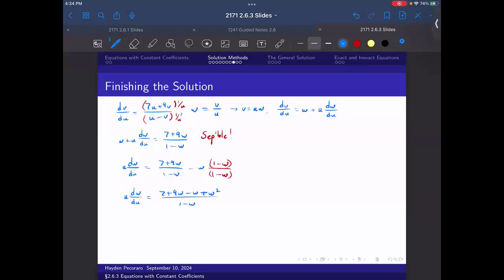Then you rearrange things, write it separately, and we get w squared plus 8w plus 7 on one side, and on the other side we get du over u. This now looks like a partial fractions problem, maybe?